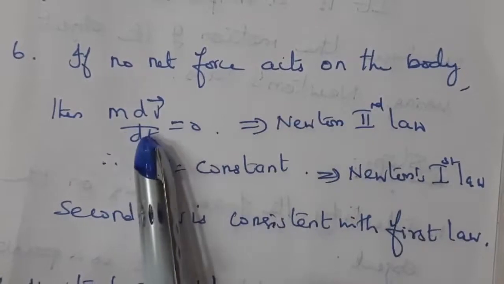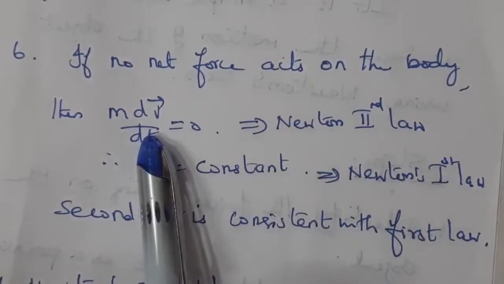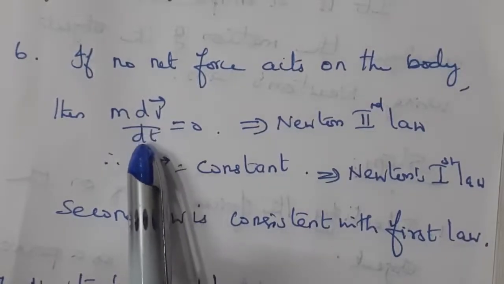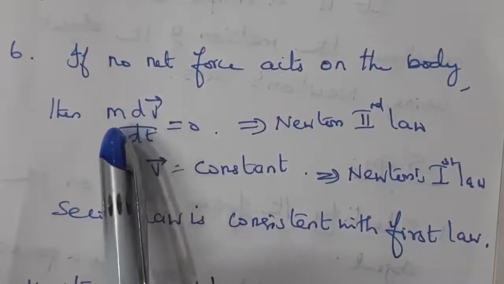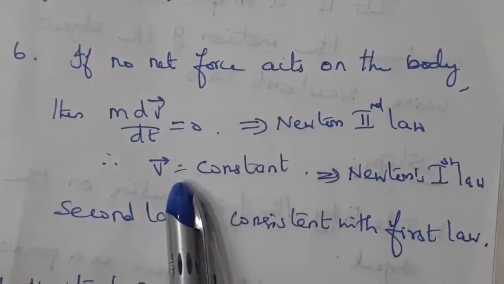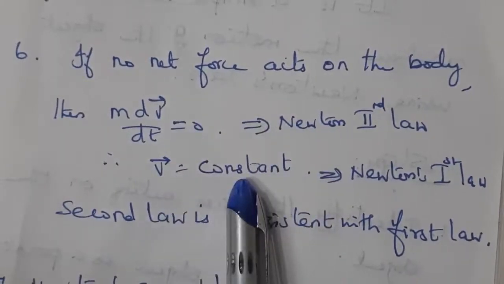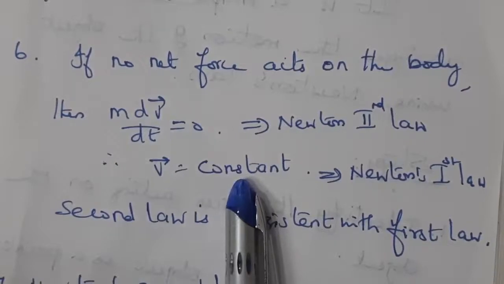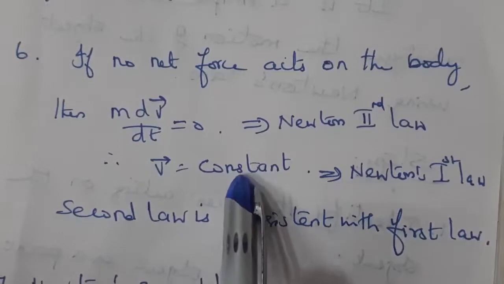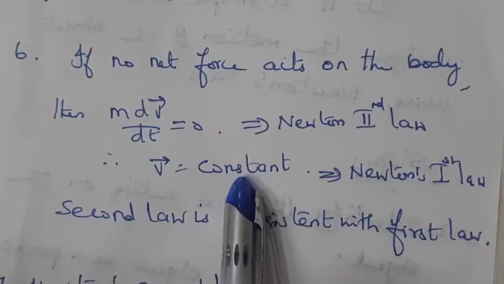That is, Newton's second law says the force acting on the body is directly proportional to the rate of change of momentum. So here m dv vector by dt is equal to 0, and v vector equal to constant. That implies the first law, that is, every object continues to be in the state of rest or of uniform motion unless an external force is acting on it.